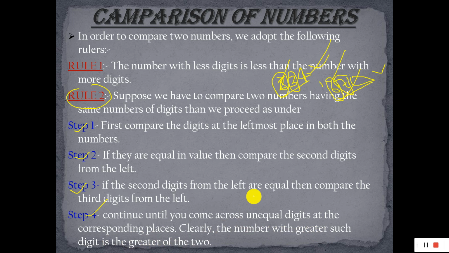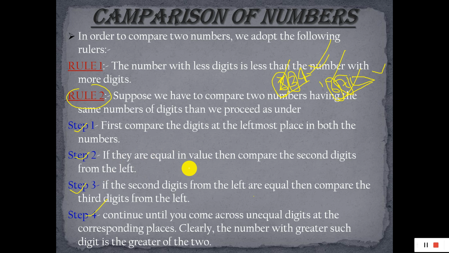So these are the two rules. Rule one is, the number with fewer digits is less than the number with more digits. And the second rule is, if we have two numbers with the same number of digits, we start by comparing the leftmost digit.